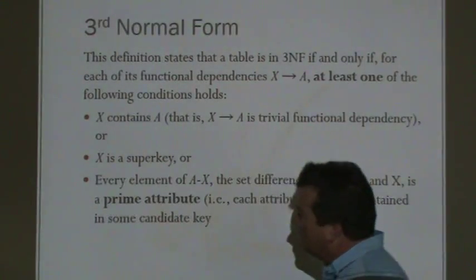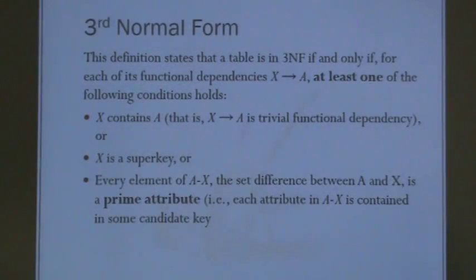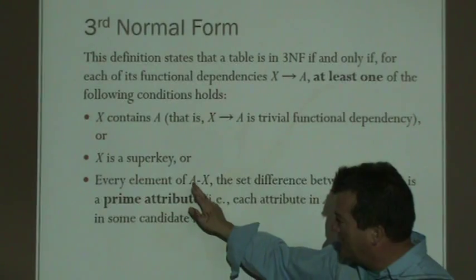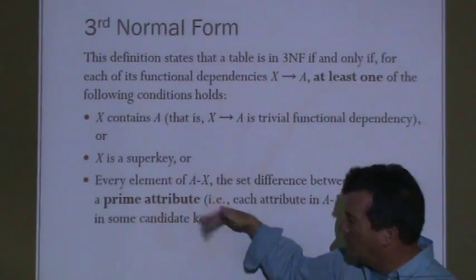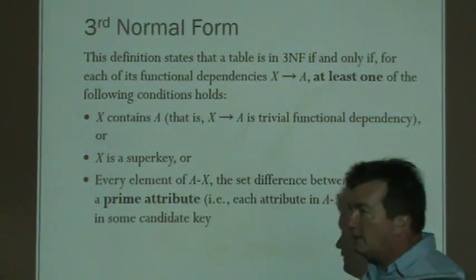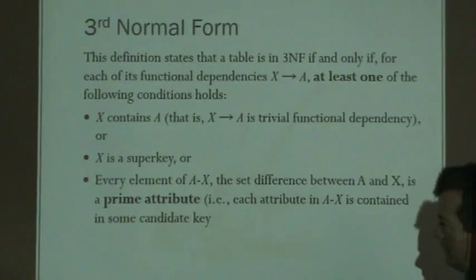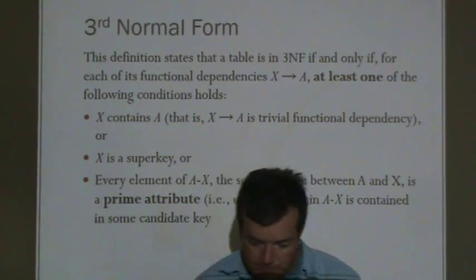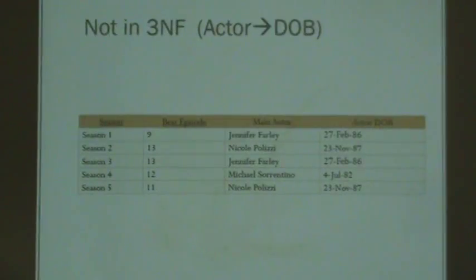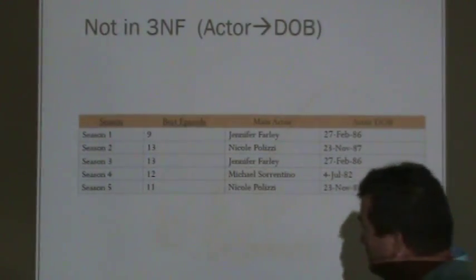And the other condition would be every element that is not in the set x, a minus x, all the fields that are in a but not in x, which is the set difference between a and x, is a prime attribute. So in other words, each attribute in a minus x is contained in some candidate key. So two different ways of stating it, but I think it's probably easy to follow with an example.